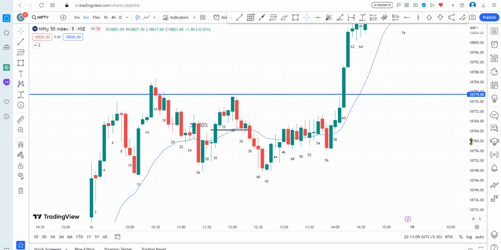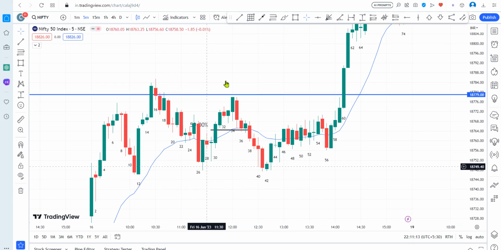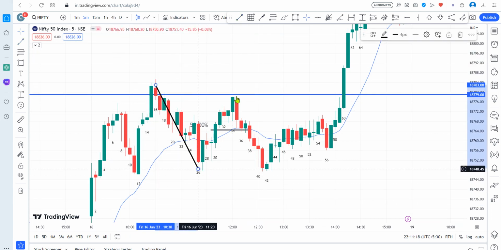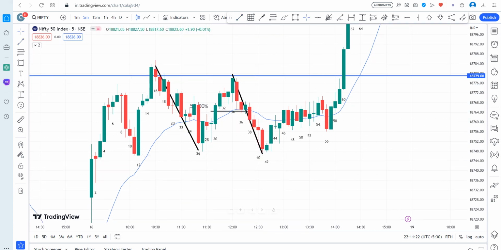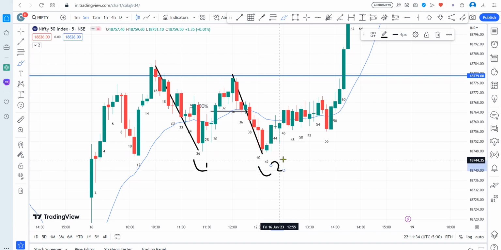So what is interesting to watch here is that this is the first leg, and this is the second leg for sellers, because it's not breaking high above it. This pullback goes longer. So this is considered as a low one, and this is considered as a low two.